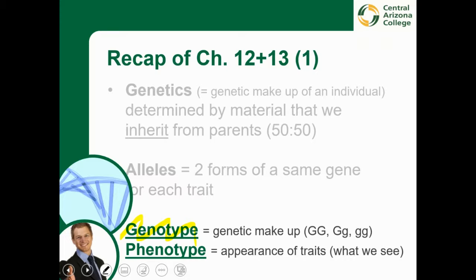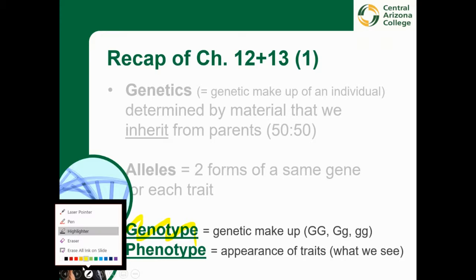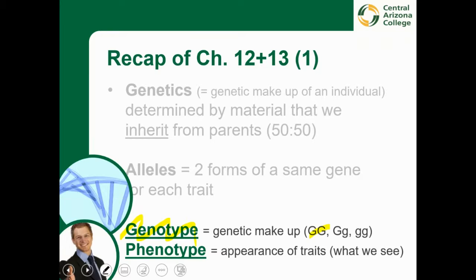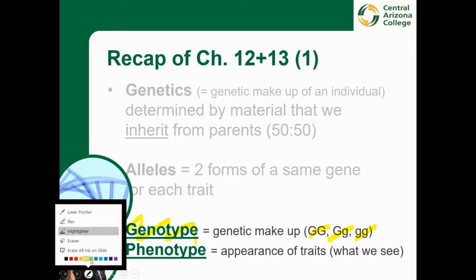All of those would be variations of different potential genotypes, different potential genetic makeup for that trait. We are going to use a lot of this genotype and focus on which kinds of combinations we can end up with, starting from different kinds of combinations.